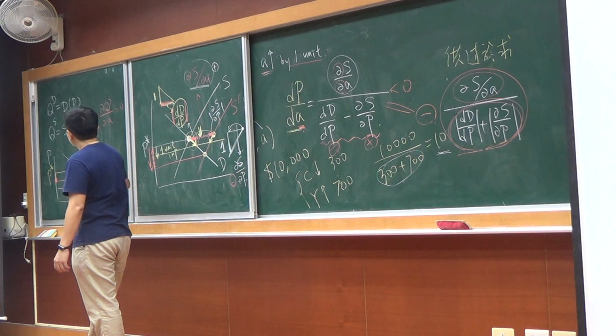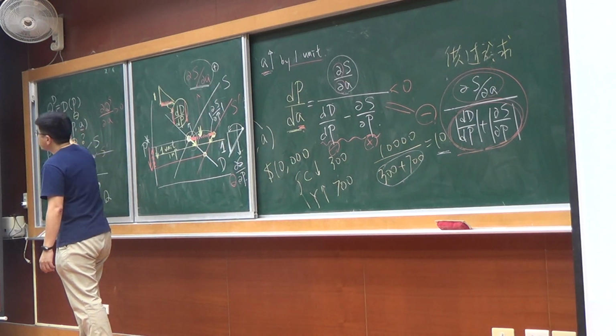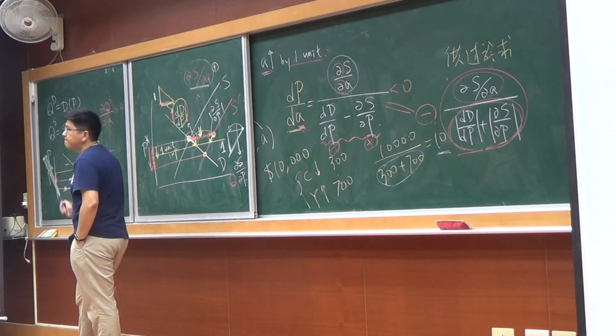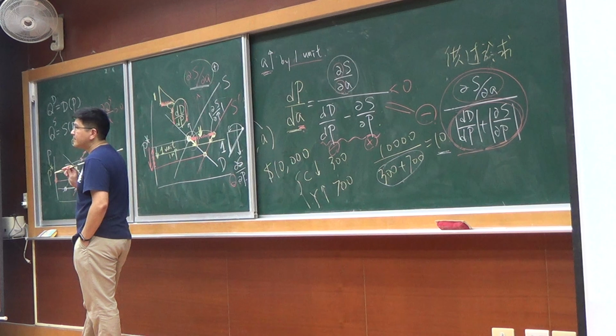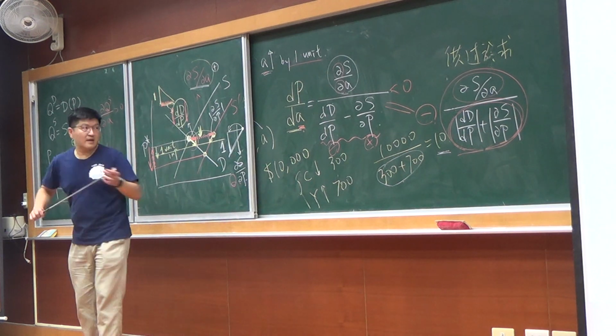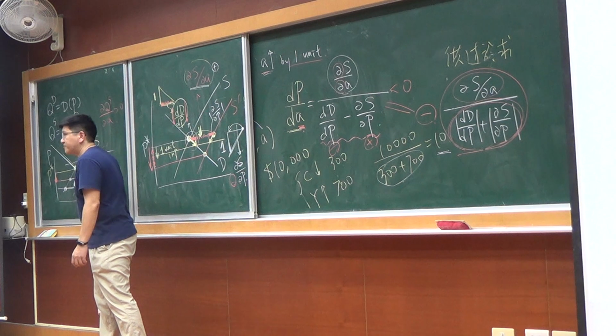It's negative. So when P goes up, your quantity demanded must be lower, right? Must be decreasing. That is the reason. And this term is actually the slope of the curve, right?